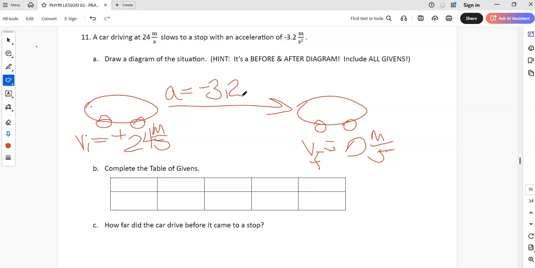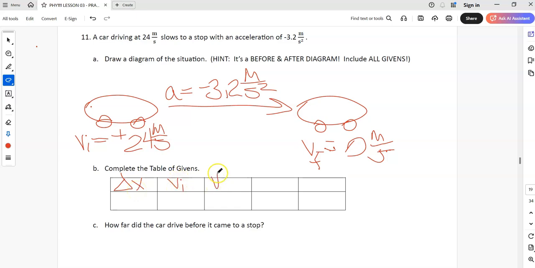In everyday English, we would say deceleration, but to a physicist, any change in velocity, making it faster, making it slower, changing direction, all three of those are changes in velocity, and therefore all three of those are examples of acceleration. So here's our acceleration. We fill in our table. This is a horizontal problem, so we use horizontal displacement, delta x.